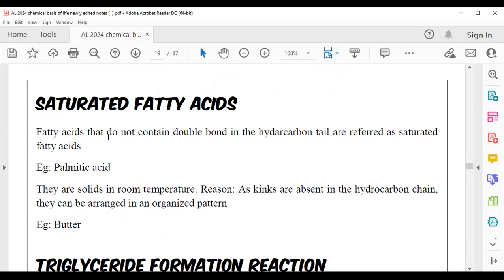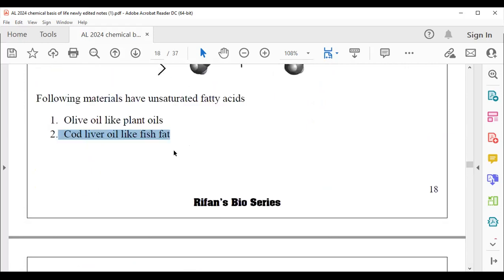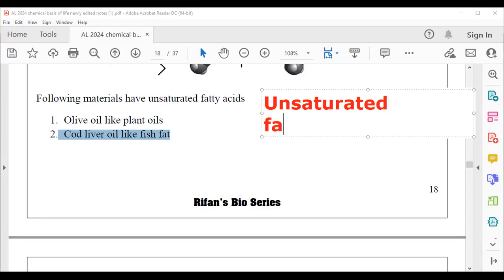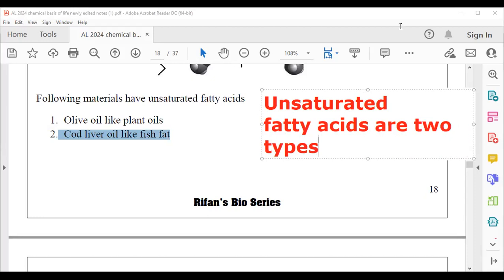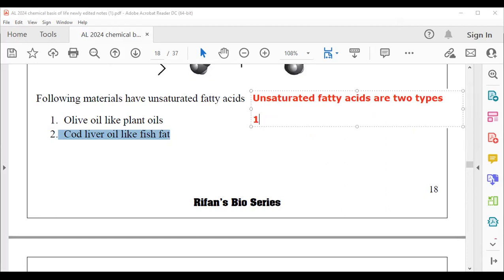Okay, this part we have not included before, but you have to include it now. Unsaturated fatty acids are two types. What are the two types? One, cis unsaturated fatty acid.